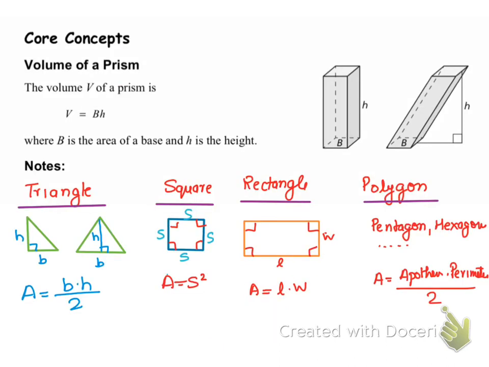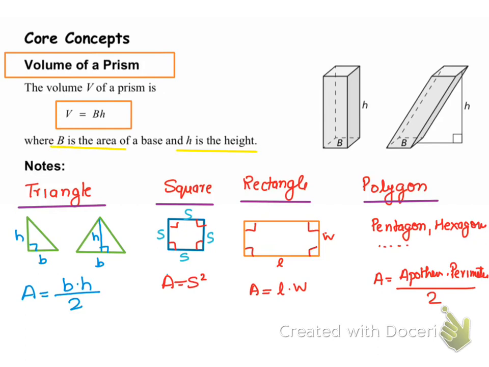Let's learn about the volume of prisms, how to find the volume of a prism. Even for a cylinder, there is just one basic formula for any prism or cylinder: volume is base area times height. So B is the base area, and H is the height. You're supposed to know what shape the base is. As I told you, a prism can be different shapes.